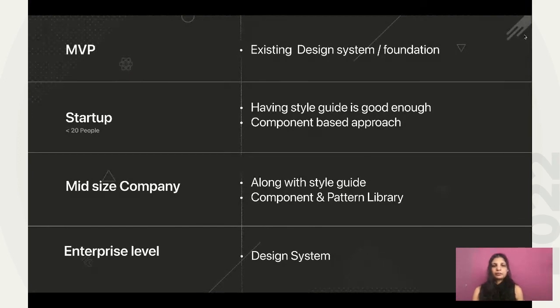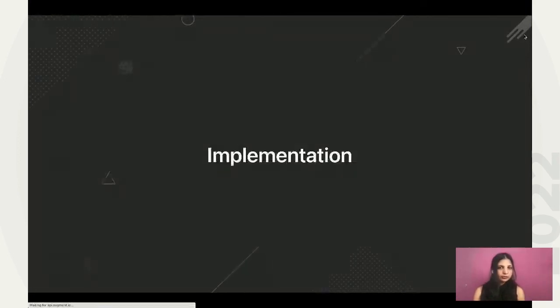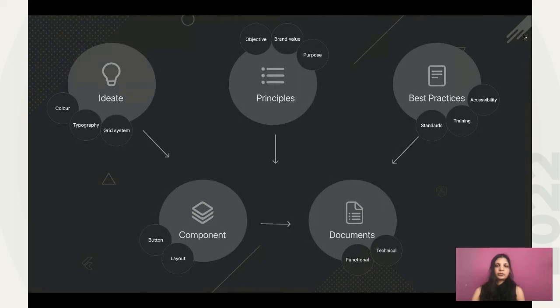So this is kind of an overview of when we can introduce one, but let's go ahead with how to implement. When we are at the very first stage, say we are starting to build a design system, probably we can go ahead with this. We ideate, we set up the style guidelines: the color, the typography, the grid system, everything.